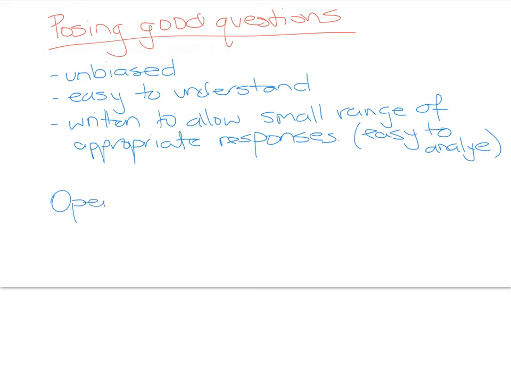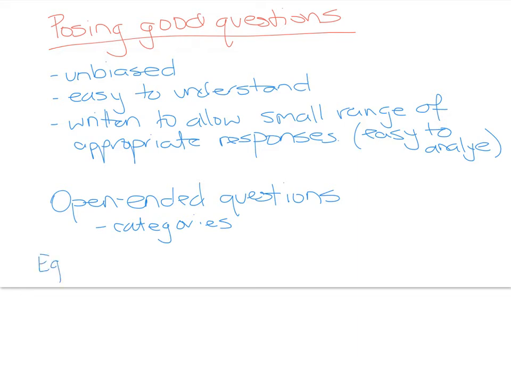Open-ended questions, so ones that don't have a yes-no type answer, we normally place them into categories. Let's give an example, e.g., what is your favourite food? That's a pretty open-ended question, yeah.